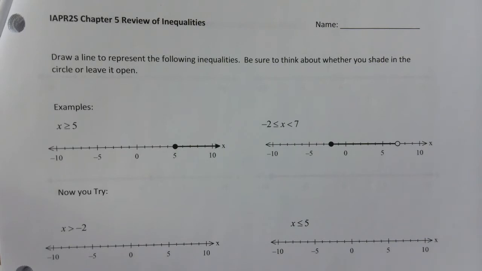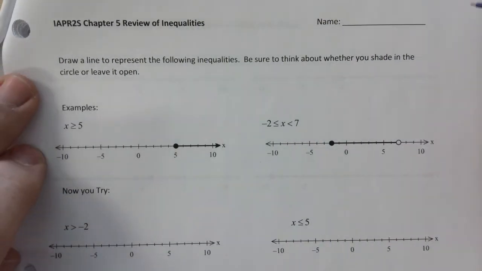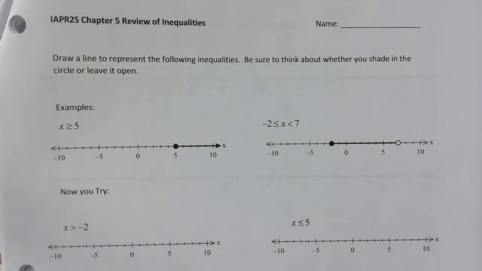Okay, reviewing inequalities is important for domain and range, and I'm going to use a different color here too, maybe orange, orange highlighter or something, a marker maybe. Draw a line to represent the following inequalities. Be sure to think about whether you shade in the circle or you leave it open. Okay.